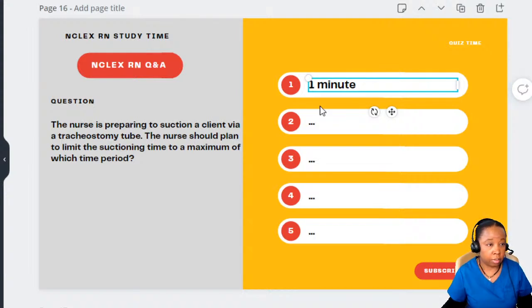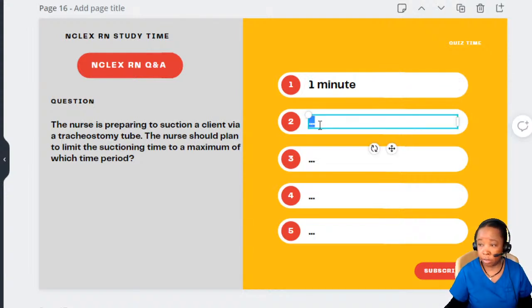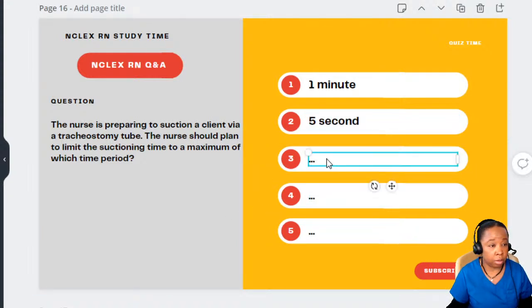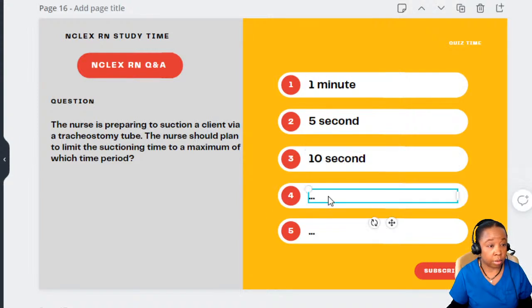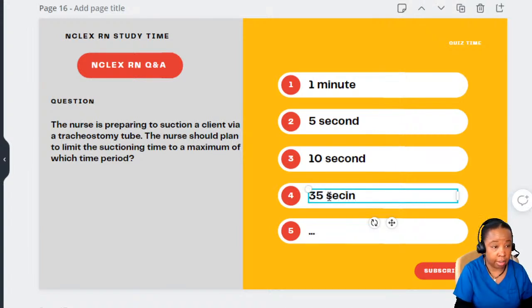The second one says 5 seconds. Third one, 10 seconds. And then we have 35 seconds. Which one do you guys think is the best option?